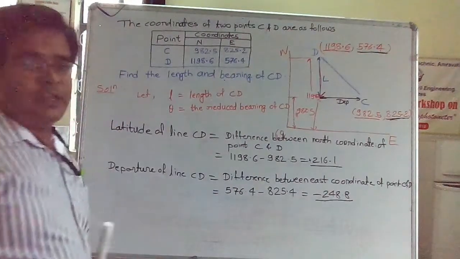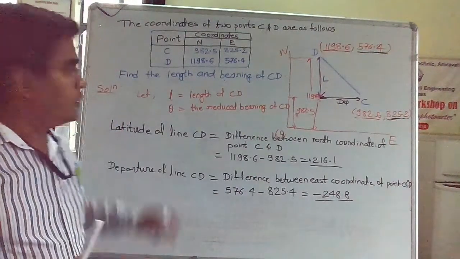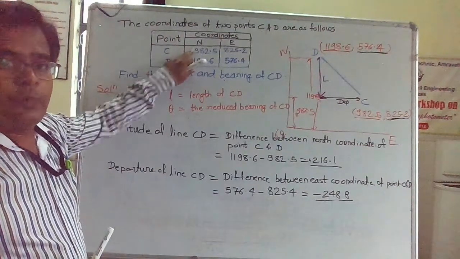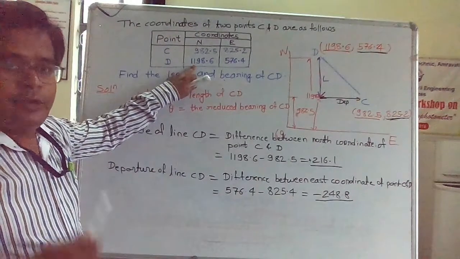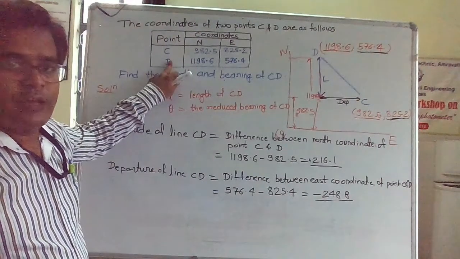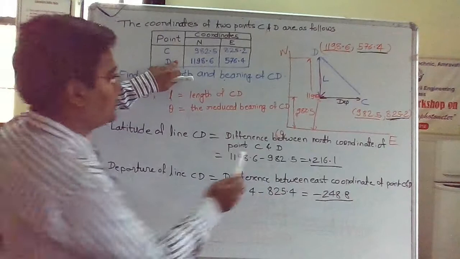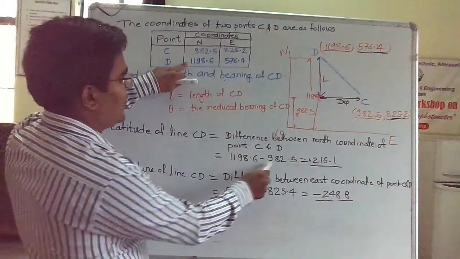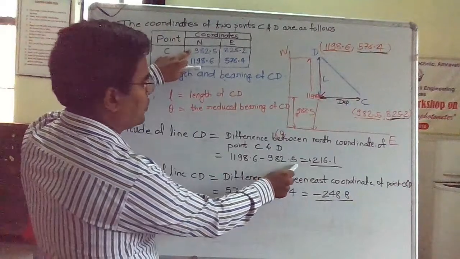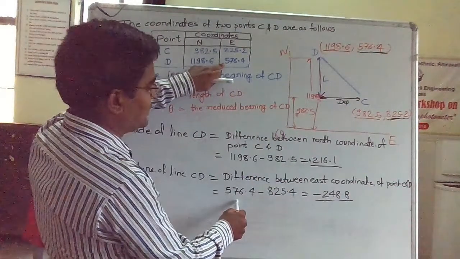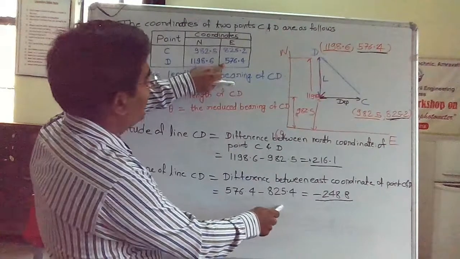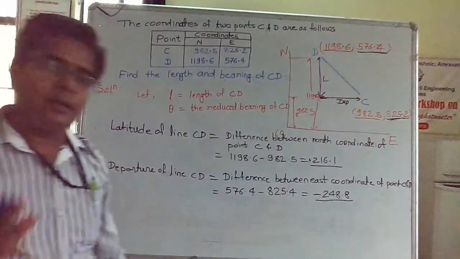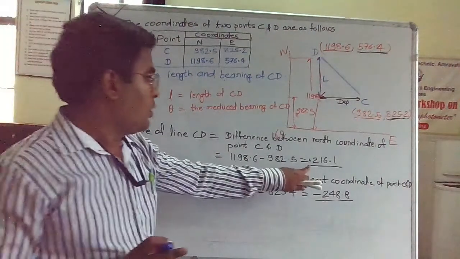Always keep in mind that we have to subtract the coordinate of the preceding point from the coordinate of the next point. Here the line is CD, so we have subtracted the coordinate of C from the coordinate of D. So we get the correct sign.